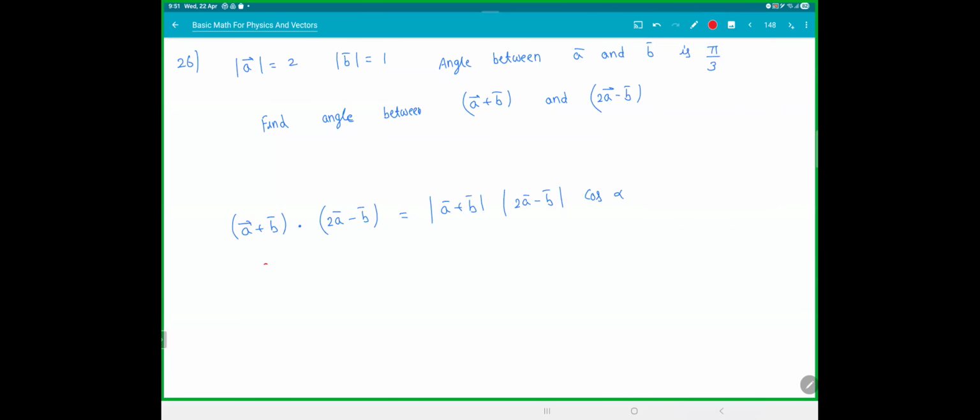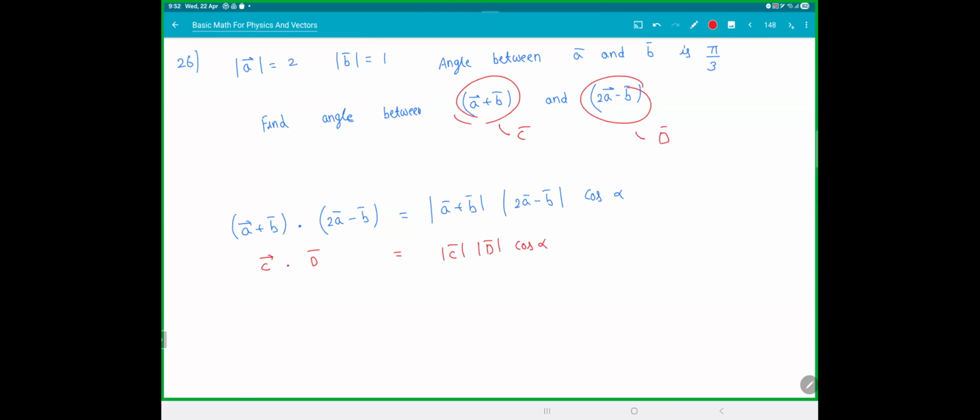Treat this A plus B like a vector C bar, dot D bar is mod C bar mod D bar cos alpha. Can I say like this? So treat the whole A plus B as a new vector called C bar, and the whole 2A minus B as a new vector called D bar.